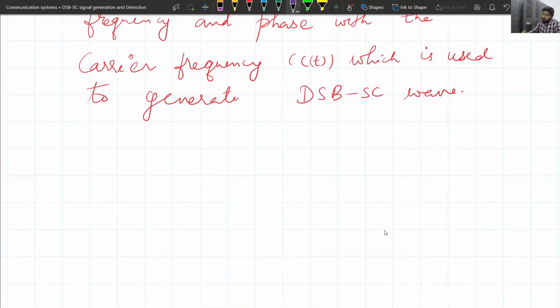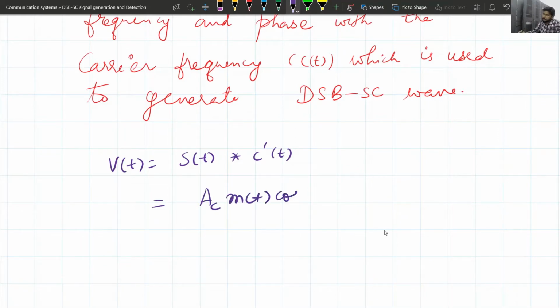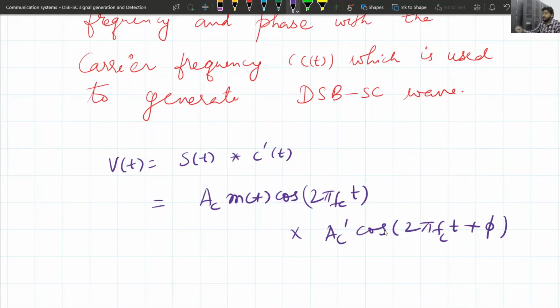Then we are doing the product, so v(t) is given as s(t) multiplied by c dash t. s(t) is simply Ac times m(t) cos 2 pi fc t, multiplied by Ac dash cos 2 pi fc t plus, let's say, some phase phi.